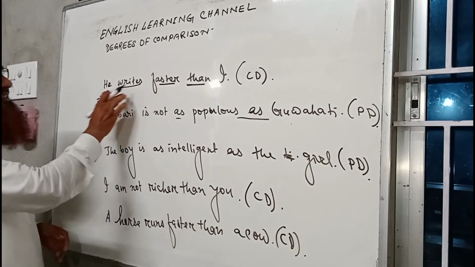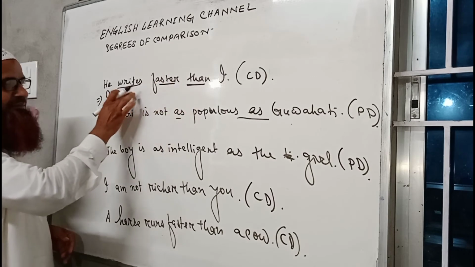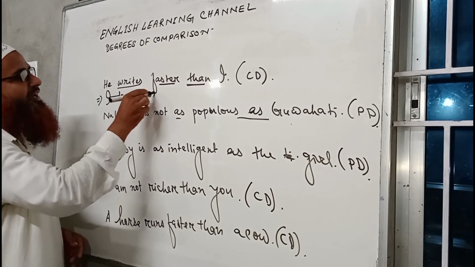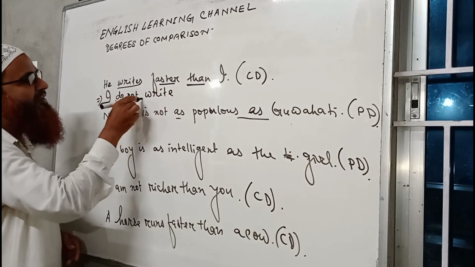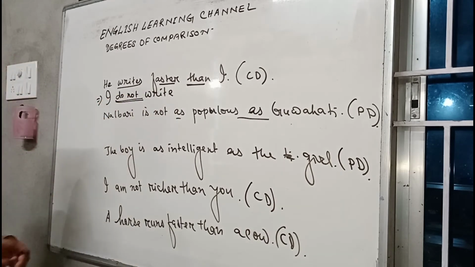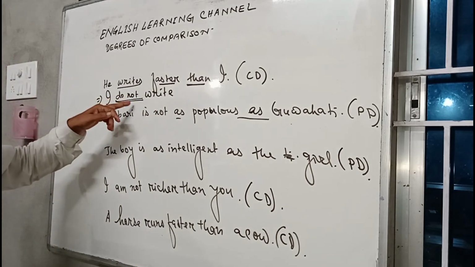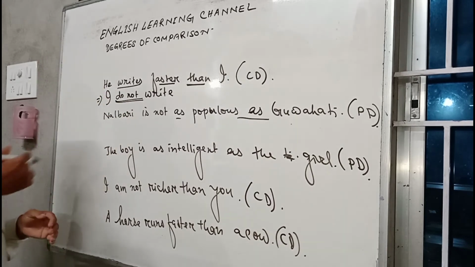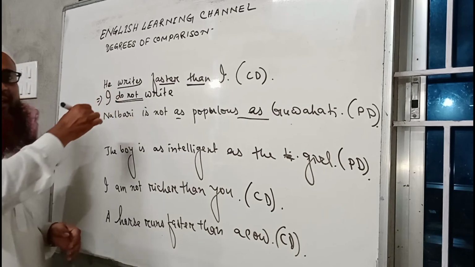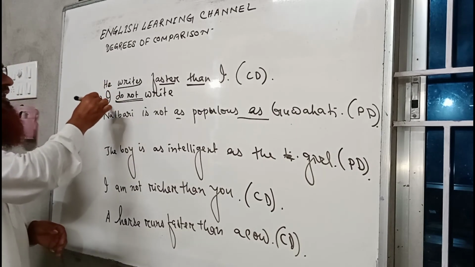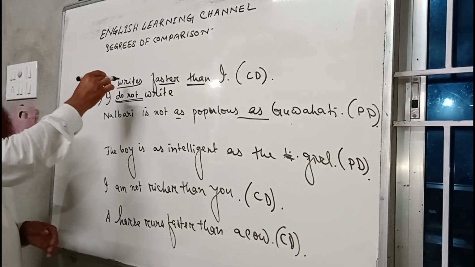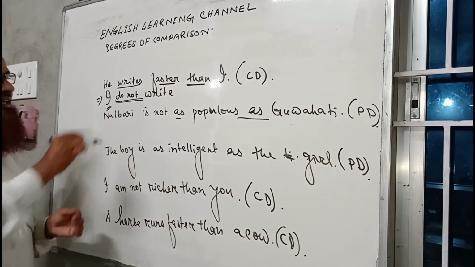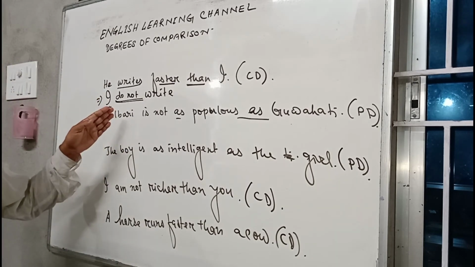So he writes faster than I. It means I do not write. So note the use of do not here, because we must write not here. But if we write not, then we have to use an auxiliary, and the right auxiliary here is do, because the verb is writes, but the subject here is I. That is why we have to take the help of do verb.